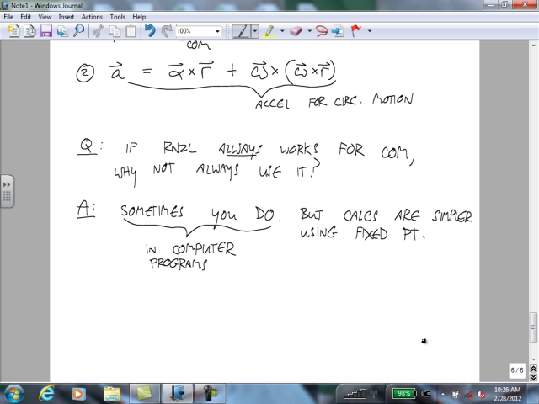We're not doing that in this class, though. Since we're going to be doing everything by hand, we're going to want to take advantage of the fact that some problems are going to have a fixed axis. It's going to save you a lot of work. And the next example I'm going to do is we're going to do a problem both ways and see where the complications come in.